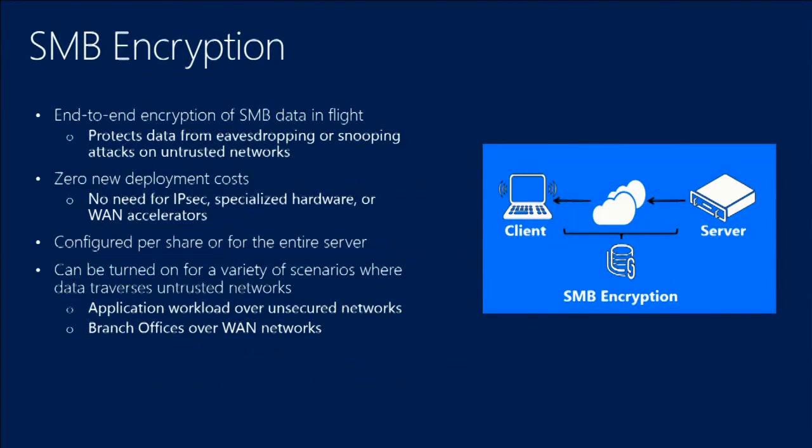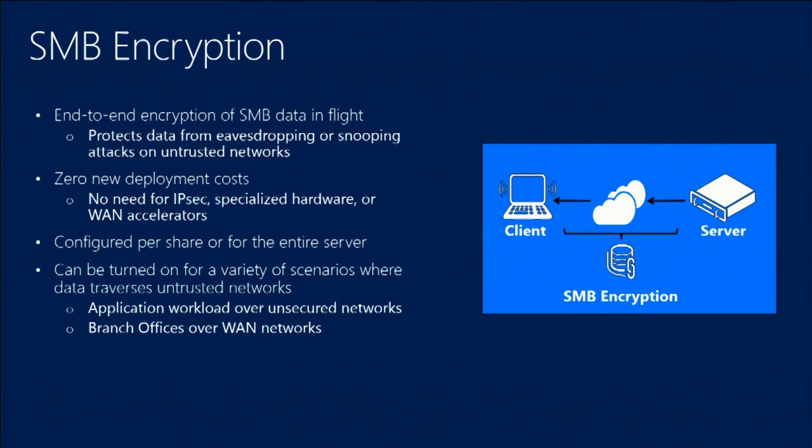We can also do encryption. That was introduced in 2012. The notion here is if you care about encryption, you can now do it by simply checking a box. SMB itself has a way to authenticate before we can connect, and we have a secret that we share between the machines. We use that to derive a key.